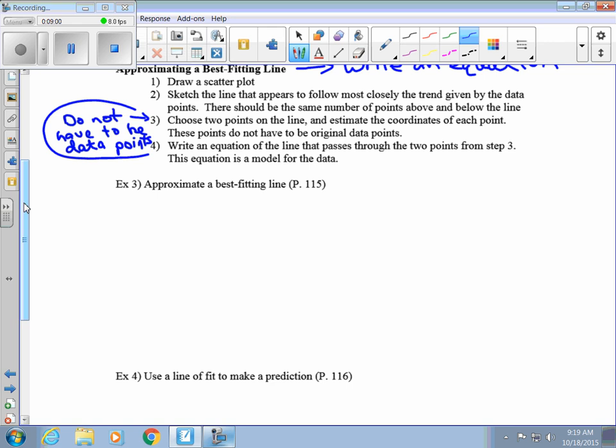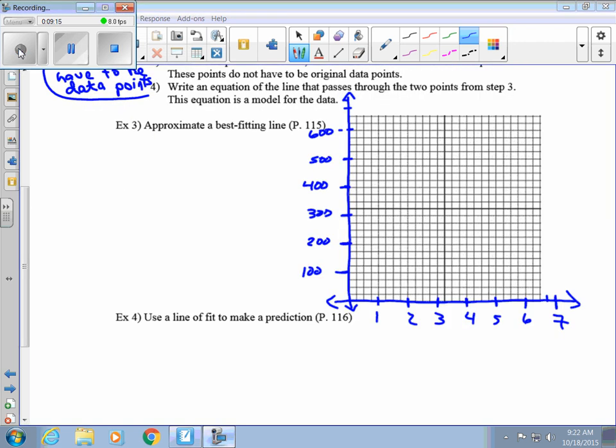So if we look at example 3, on page 115, we're going to take that data and we are going to approximate a best fitting line. I put a chart here on the right side. We're going to draw these ordered pairs.